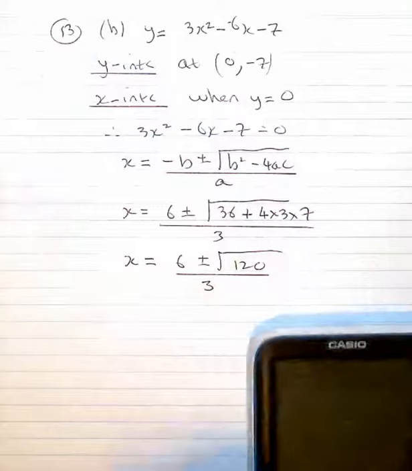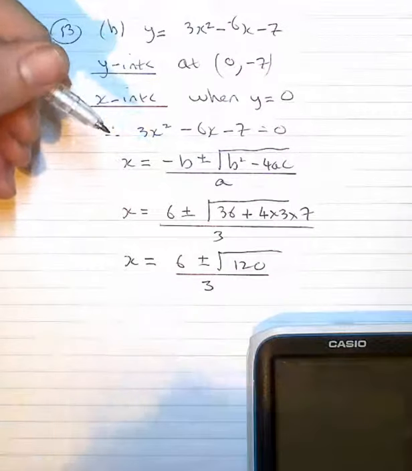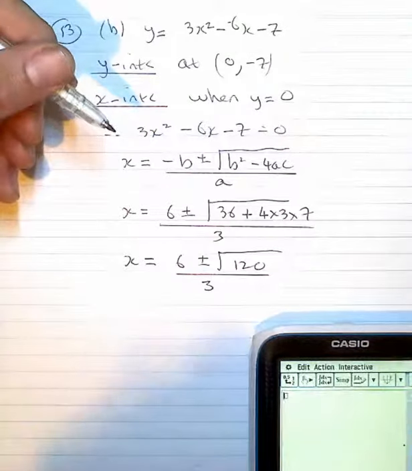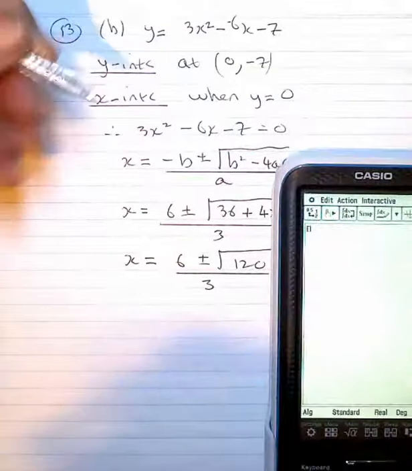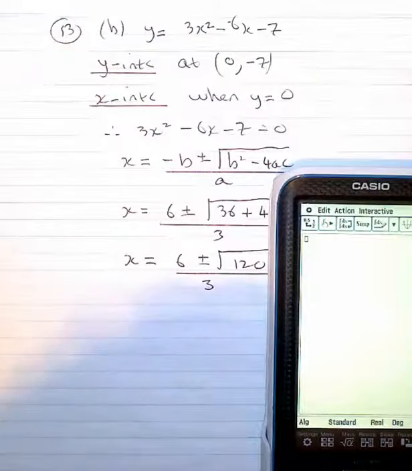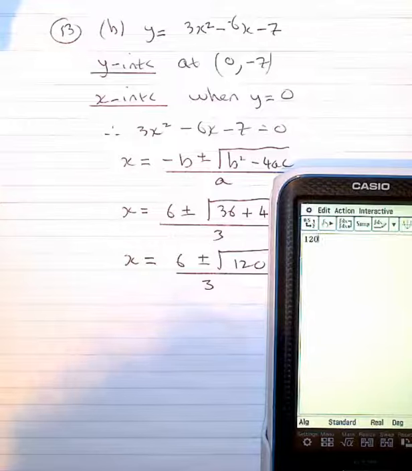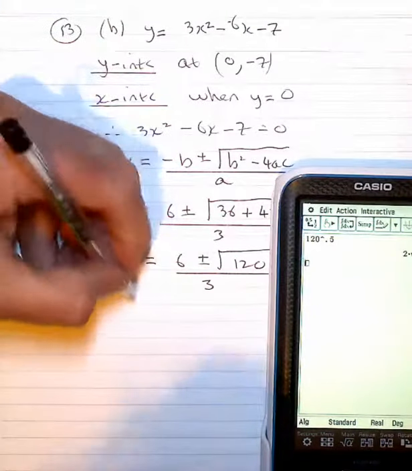So x is equal to 6 plus or minus the square root of 120 over 3. Now, square root of 120 is going to reduce down a little bit. I'm just going to cheat a little bit, so-called cheating, and find that on my calculator. So I'm taking the square root of that, which becomes 2 root 30.